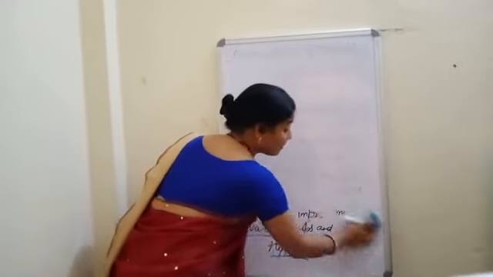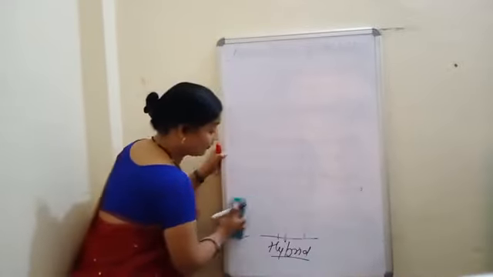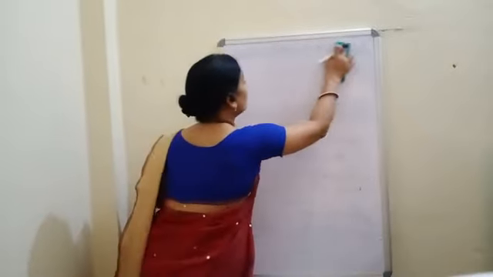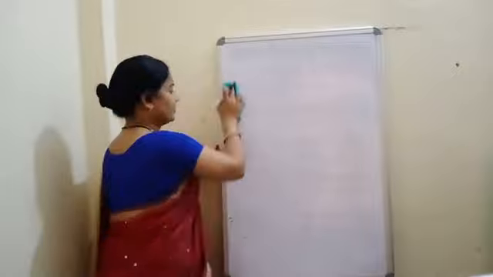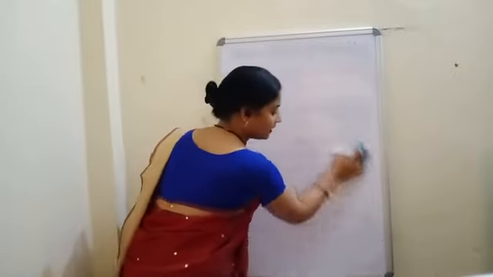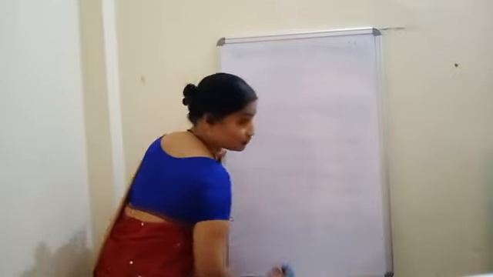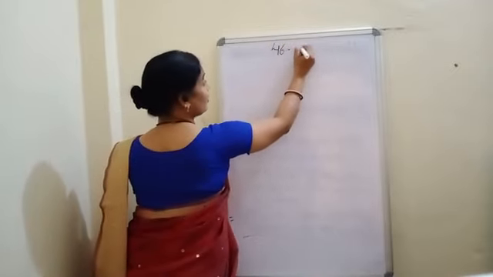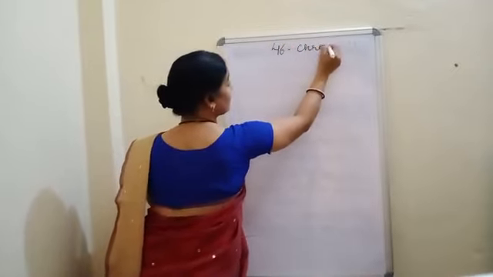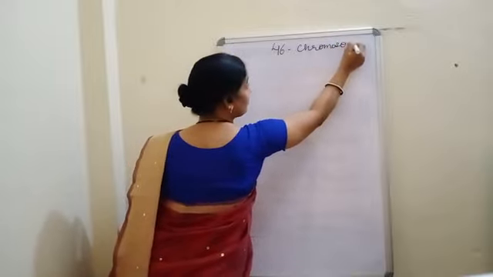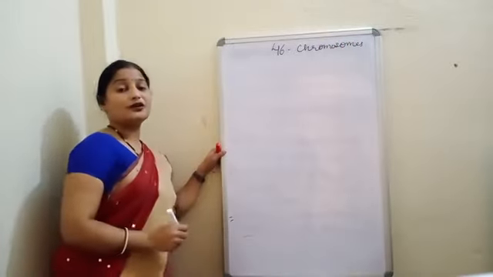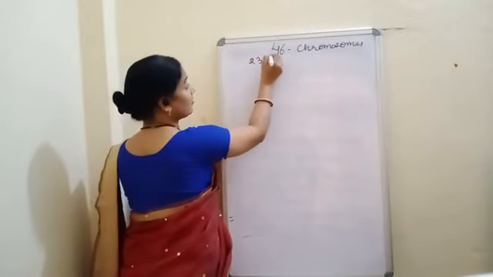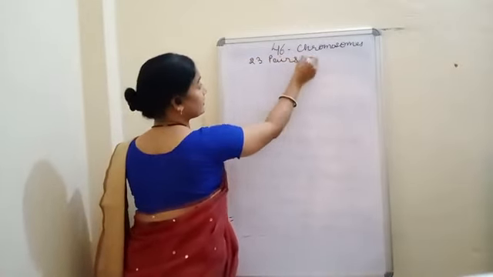Children, if you remember, we have already studied that all human beings have 46 chromosomes. We all have 46 chromosomes. Out of these 46 chromosomes, they occur in 23 pairs.